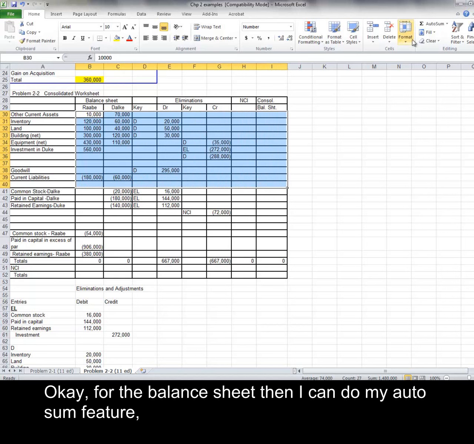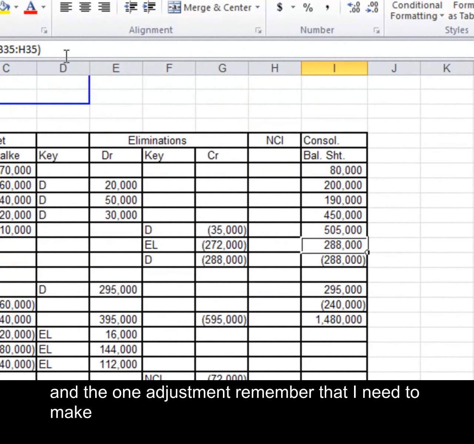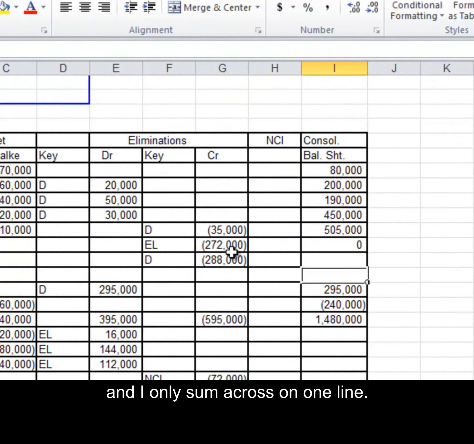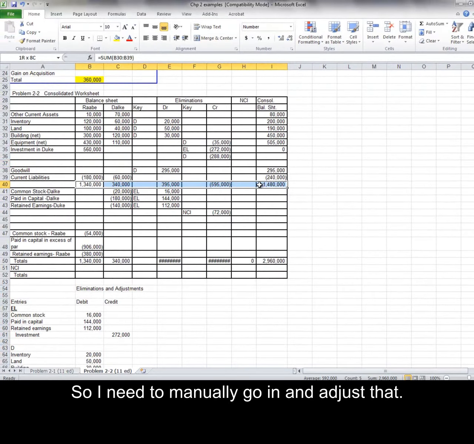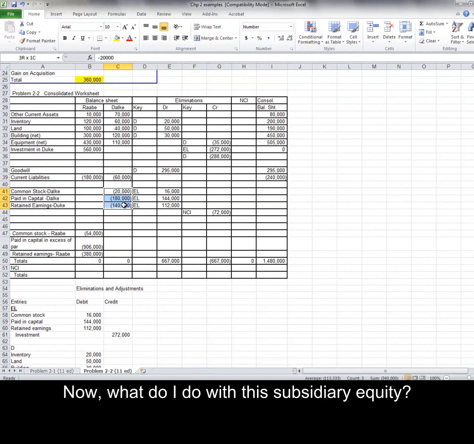Okay, for the balance sheet then, I can do my auto sum feature, and the one adjustment, remember, that I need to make is for the investment account because I have multiple lines of adjustments and I only sum across on one line, so I need to manually go in and adjust that. So that gets us the balance sheet. Now what do I do with this subsidiary equity?